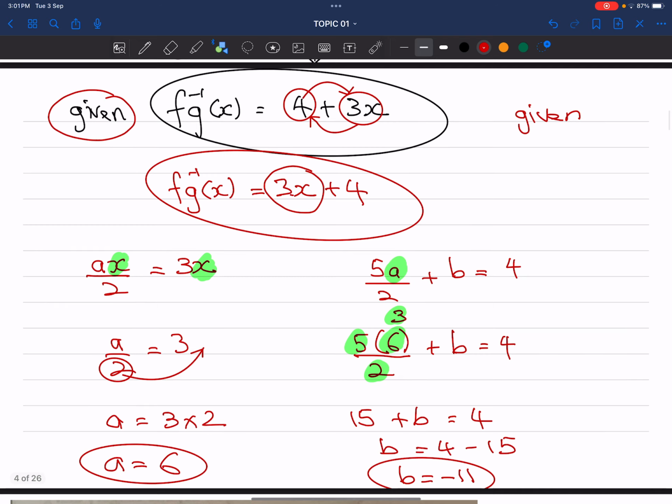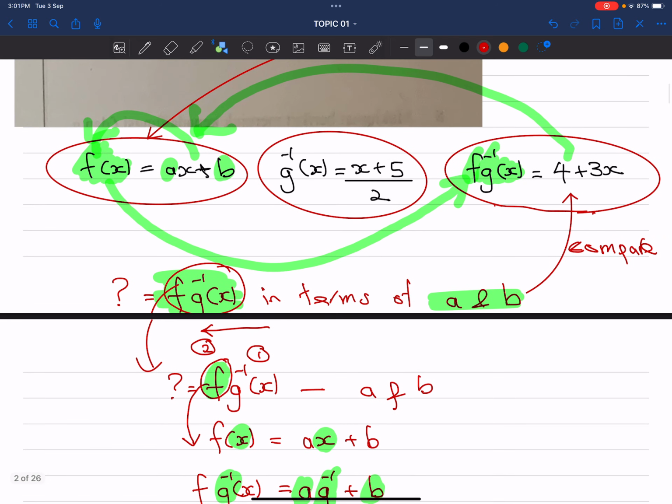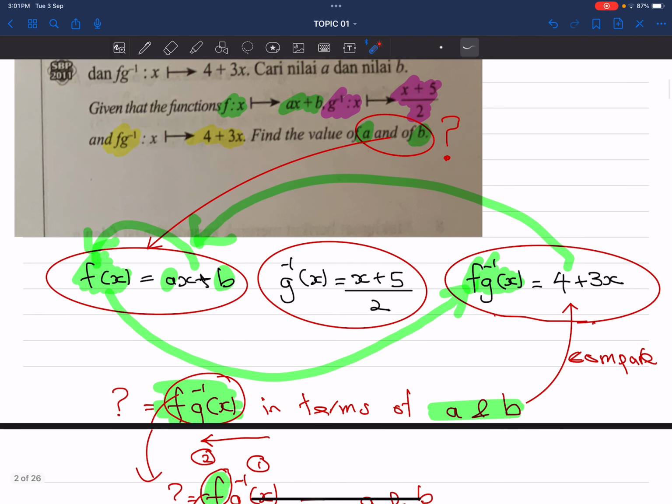Okay? Just one simple reminder. I go back here. We were given FG inverse. The question said, find a and b. That's all. Find a and b, go to a and b. It is connected to f.